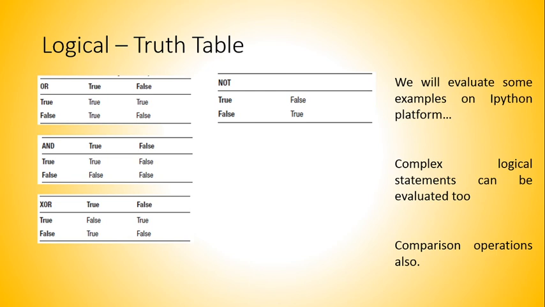The logical truth tables, as you know, for OR, AND, XOR, and NOT have been provided. We will evaluate some examples on the IPython platform. We will also evaluate complex logical statements and comparison operators. So let's start the coding session.